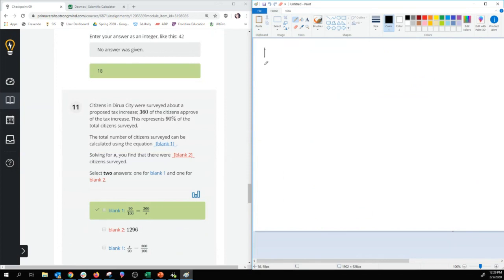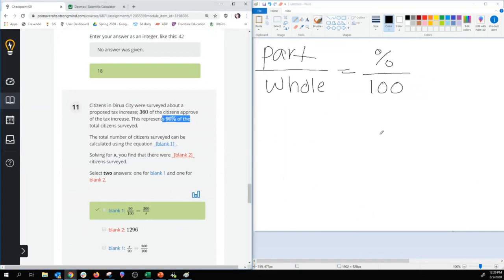So for this one, part over whole equals percent over 100. So this one's a little bit different because I know what my percent is, right? My percent is 90. So I'm going to have 90 over 100 because I know my percent. Now, the tricky part on this one is figuring out if 360 is the part, meaning a part of the population, or if 360 is whole, meaning that's the total number of people that live in this city.